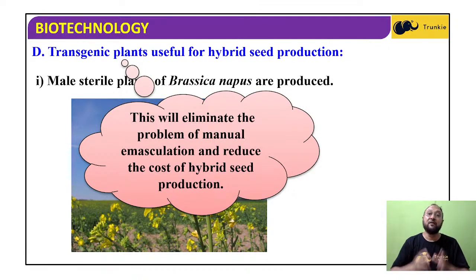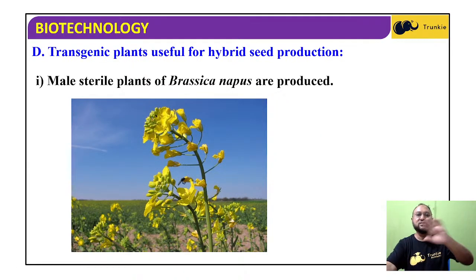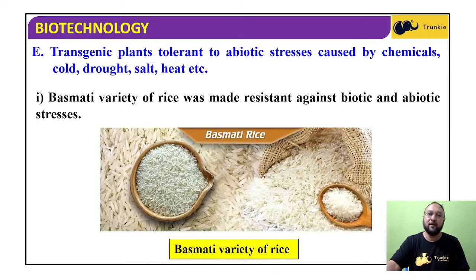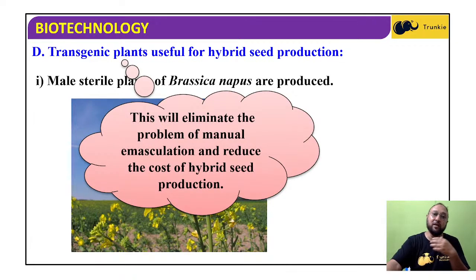When both stamen, androecium, and gynoecium are present and we want to do self-pollination or a particular type of pollination, we need to do emasculation. So when male sterile Brassica is formed, there is no need to do emasculation, and it eliminates the problem of manual emasculation and reduces the cost of hybrid seed production.